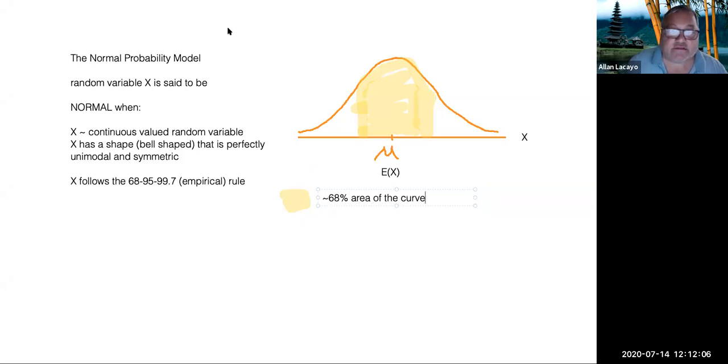And these limits here and here are roughly 1 standard deviation to the right and 1 standard deviation to the left. So 68% of the curve is in a range of 1 standard deviation above and below average.